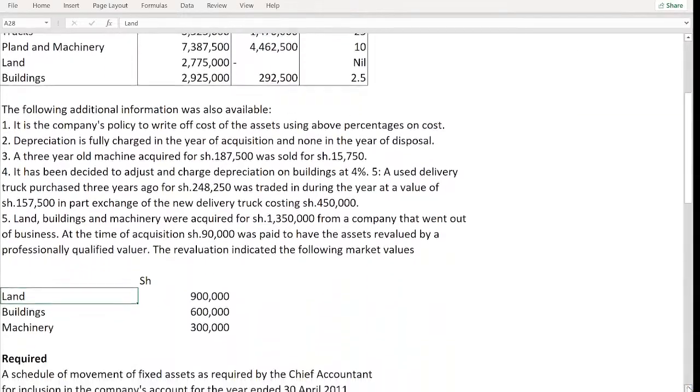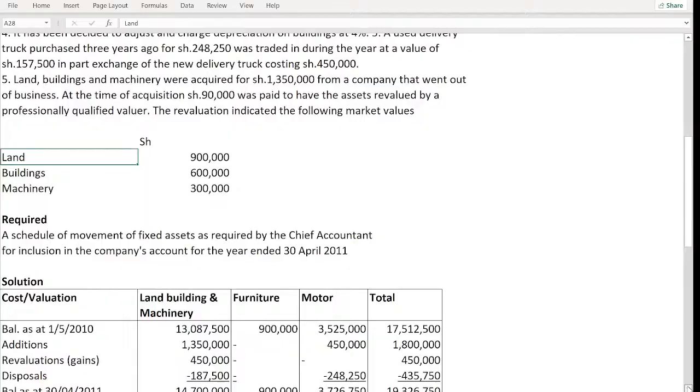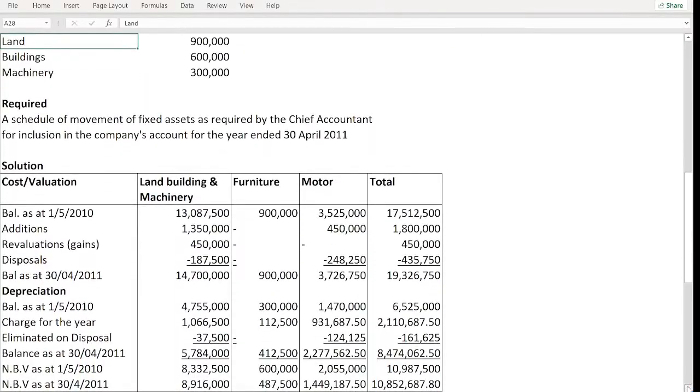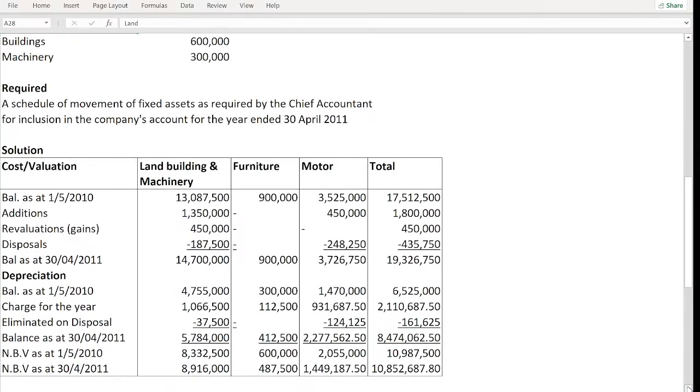So we have the cost variation. We have 3 non-current assets: the land, building and machinery, which we are going to combine, then we have the furniture on its own, the motor vehicle, and then the totals. We are going to start with the balance as at May 1st, 2010.